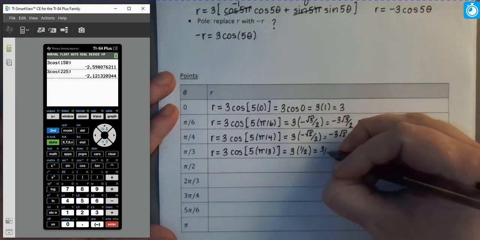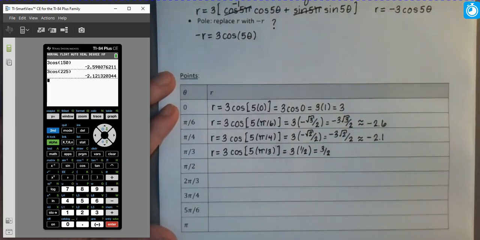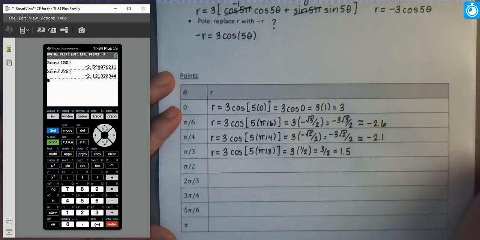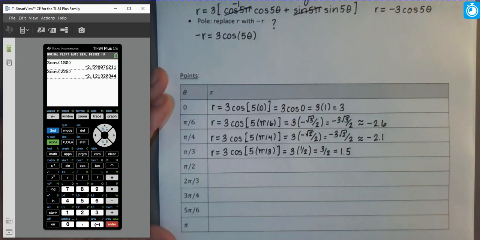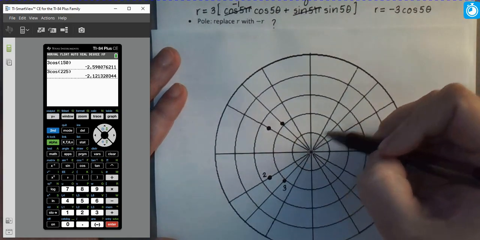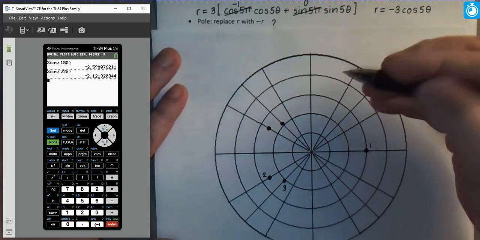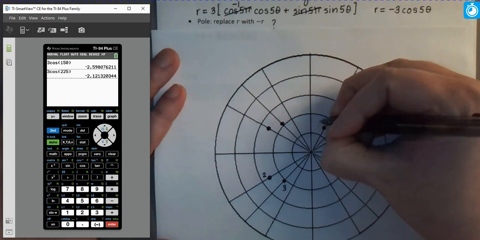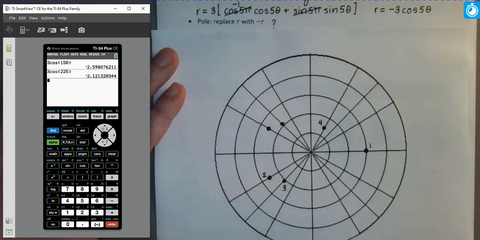Things get a little crazy when we're plotting points with arrows. That's one of the reasons why it's helpful to number those points so we know what order to connect them in to get the most accurate graph. Now 3/2 is the same thing as 1.5. So we can use 1.5 as a way to visualize where our point's going to be. So at pi over 3 radians, which is right here, we're going to be at r equals 1.5, right here. So that's going to be our fourth point.